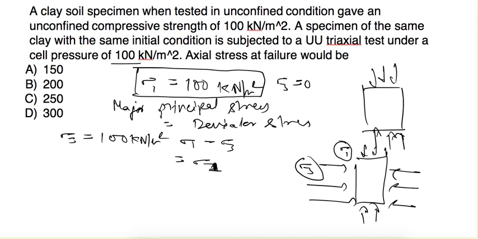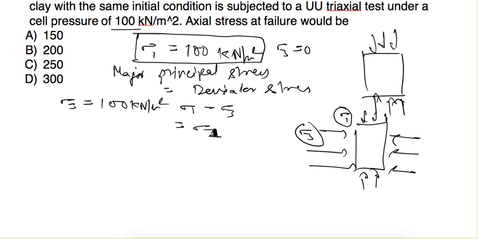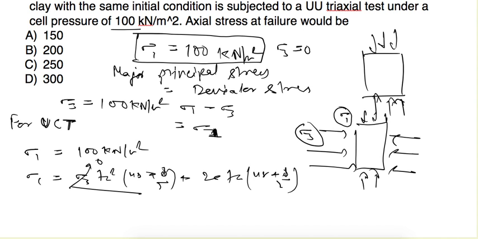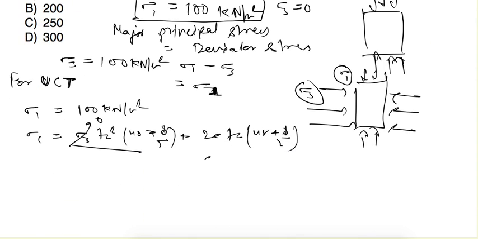So for the first test, sigma 1 is equal to 100 kilonewton per meter square. So let me write here for the unconfined compression test. Sigma 1 is this, and from the equation sigma 1 is equal to sigma 3 tan square 45 plus phi by 2 plus 2c tan 45 plus phi by 2. But in the unconfined compression test sigma 3 is equal to 0, so this part is 0, and since nothing is given about phi, we will consider phi as 0 here.